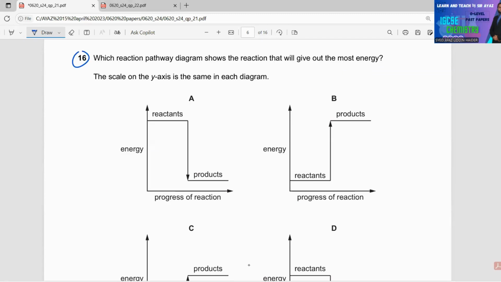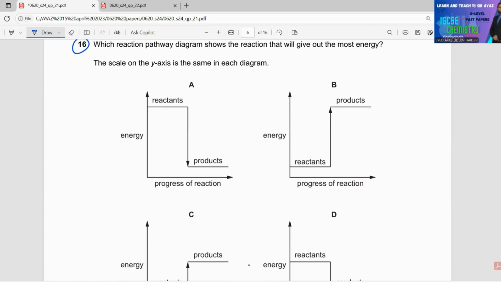16. Which reaction pathway diagram shows the reaction that will give out the most energy? The scale on the y-axis is the same in each diagram. Now they are saying the reaction that gives out the most energy. Give out means it must be exothermic. In exothermic reactions, the products must be at a lower energy state than the reactants.